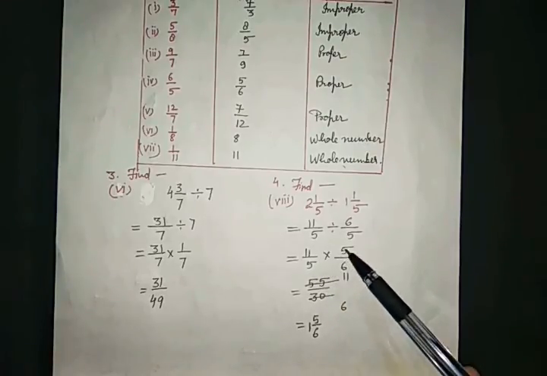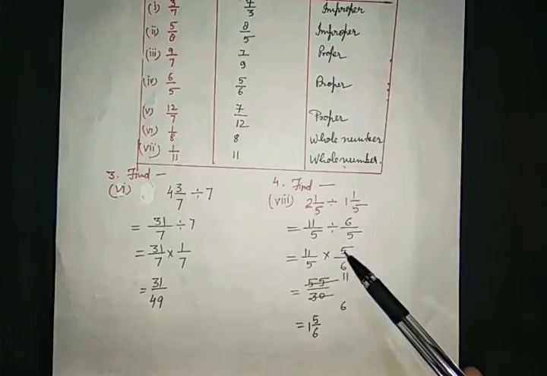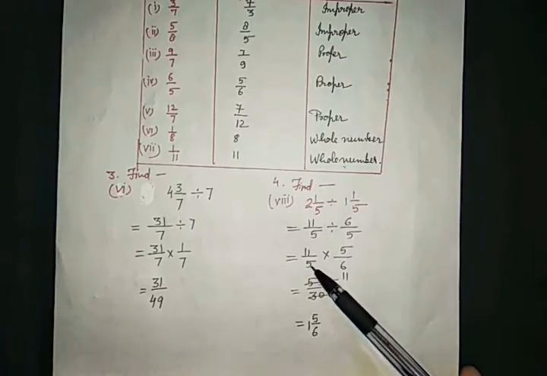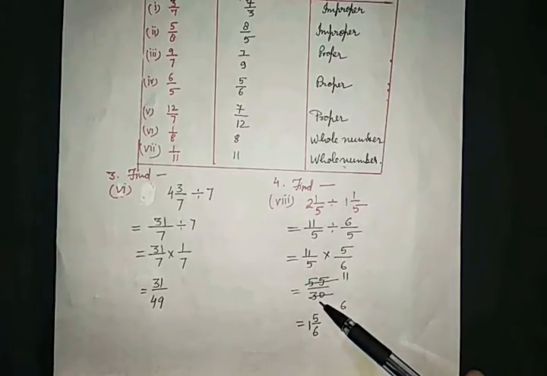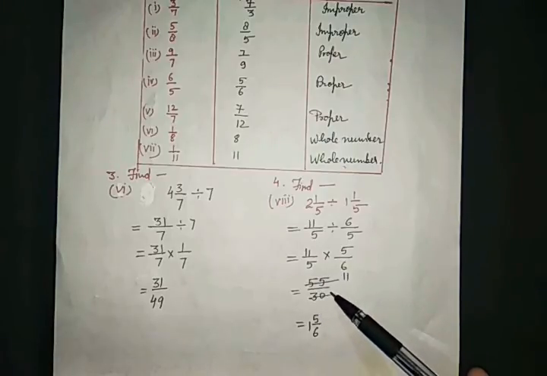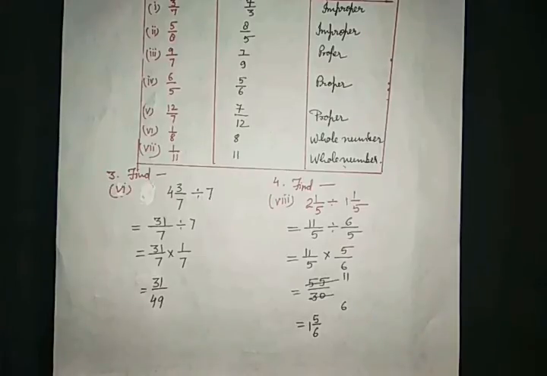11 upon 5 into 5 upon 6. 11 times 5 is 55. 5 times 6 is 30. Now you will see that you can reduce it. So 5 1s are 5, and 5 6s are 30. And 11 upon 6 is an improper fraction. So you will not leave your answer like this only.